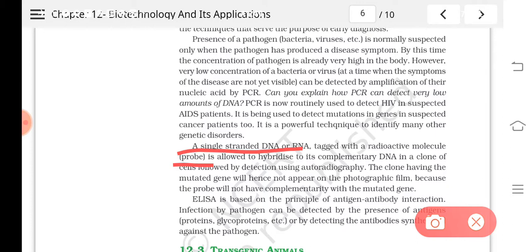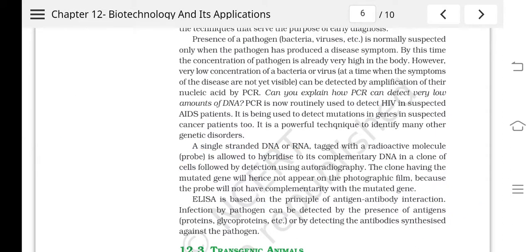And after this it will be detected using another technique known as autoradiography. In this we can see the DNA which is hybridized using a photographic film. So if the gene of those cells is mutated, the probe which we sent will not be able to hybridize with it, and it will not appear in the photographic film. Is it clear? So in this way we can identify.